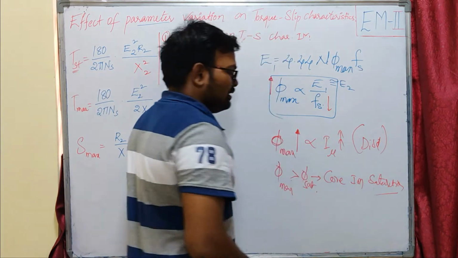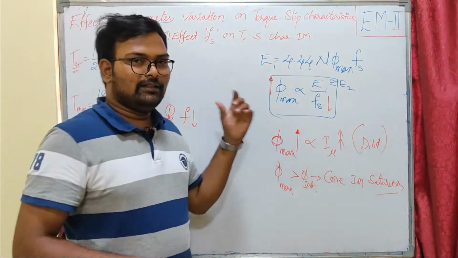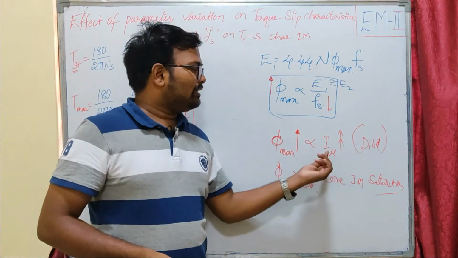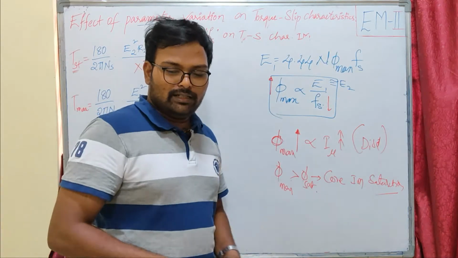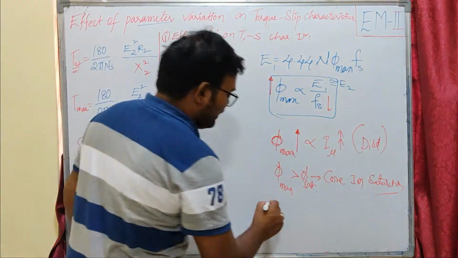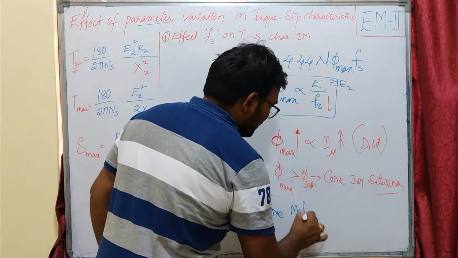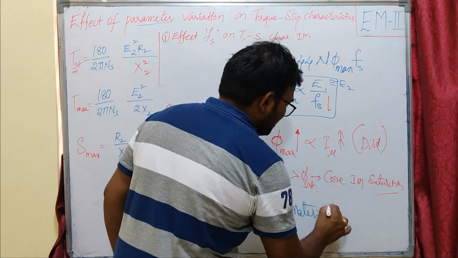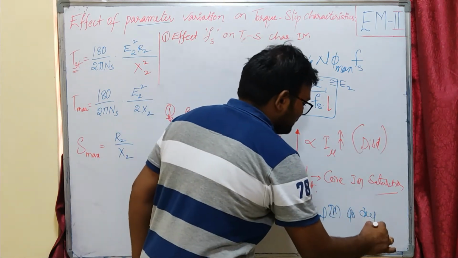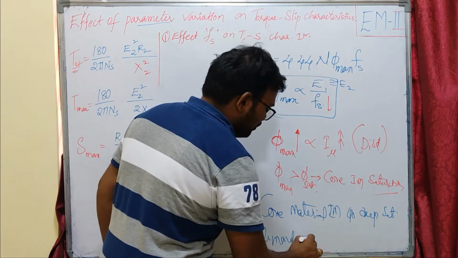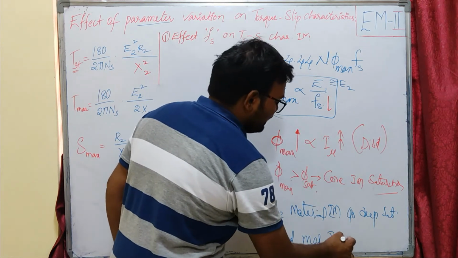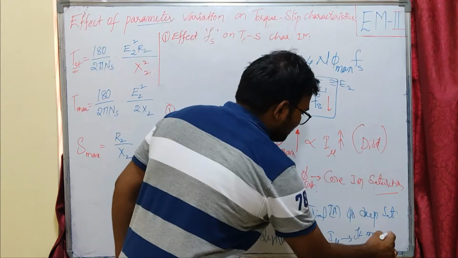That means the core material in the stator will go to deep saturation, and that will demand more magnetizing current, and it may not come back to our linear operating position, and it may not operate in linear fashion.